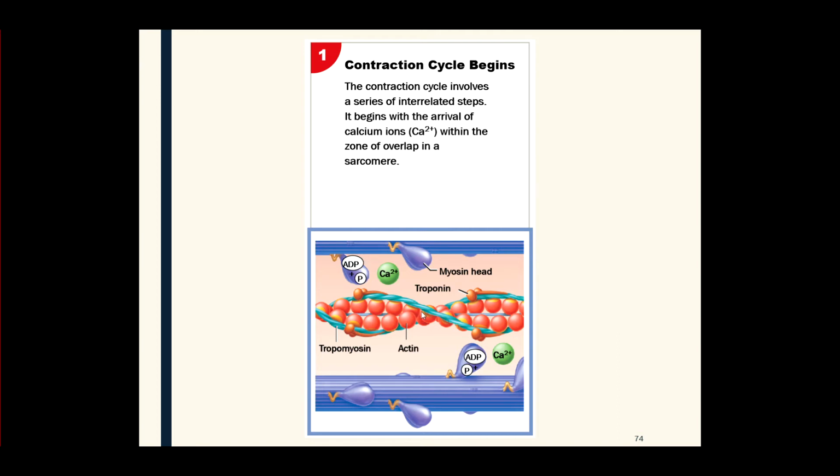That means the muscle fiber is relaxed. Here's the troponin. Right over here they have it labeled, right, the troponin. Then above it is a strand of thick filament. This would be myosin. And then a thick filament below it. This would be myosin also. And then we can see the myosin heads here.